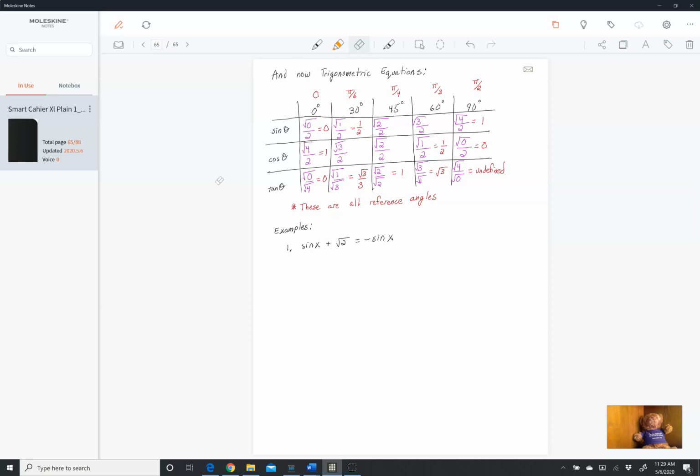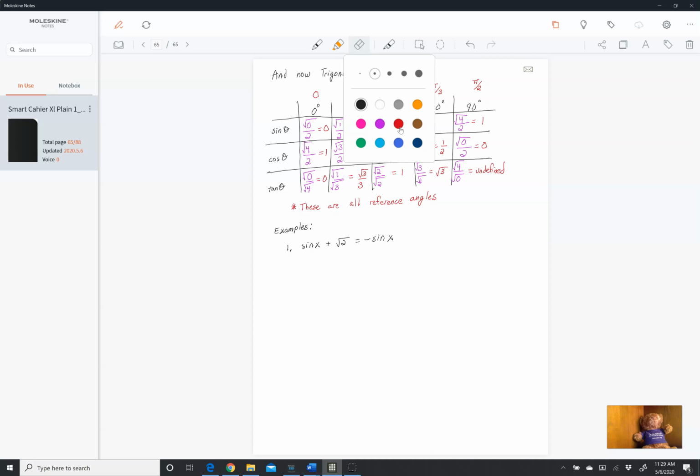So how do we solve this? Well, the idea is that we solve for x, okay? We are solving for our variable. And I think in all of these examples, we're going to use x.